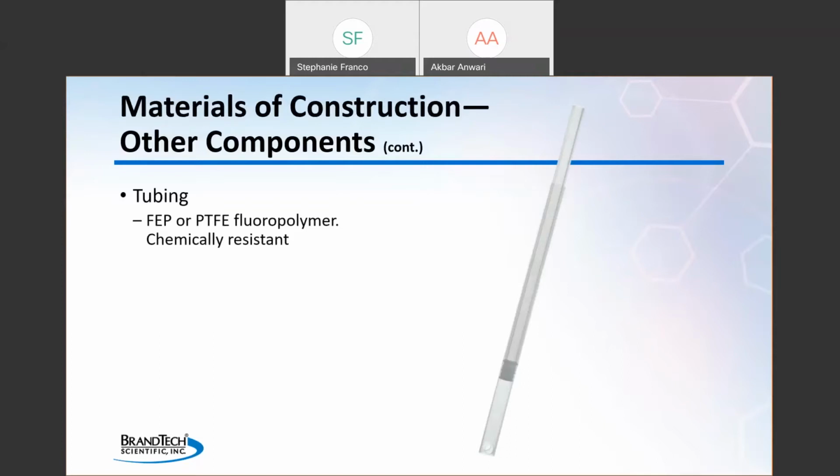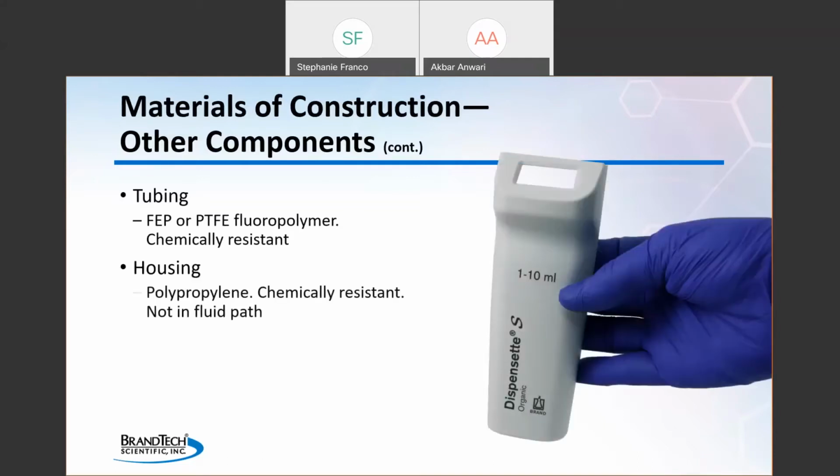Again, fluoropolymers well suited for extrusion and having high chemical resistance. For the outer housing, polypropylene is an excellent choice. It has very good chemical resistance, even though it's not directly in the fluid path, and is able to be molded into a variety of shapes.